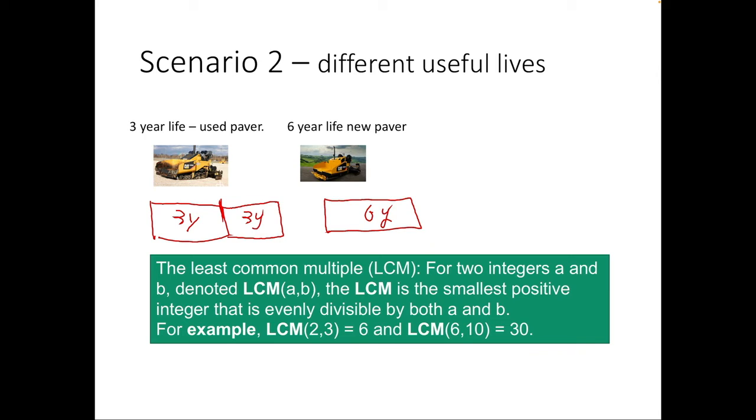If you don't remember how to find the least common multiple, please go and review your math book. For example, for 2 and 3, the LCM is 6, because 6 can be divided by 2 evenly, and it also can be divided by 3, right?